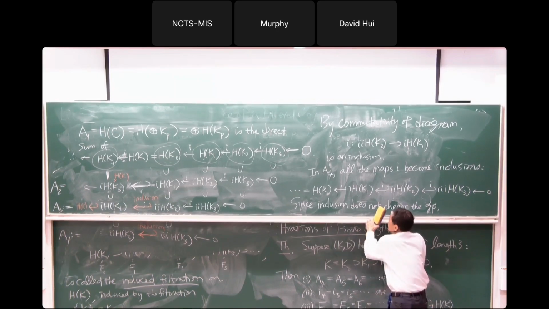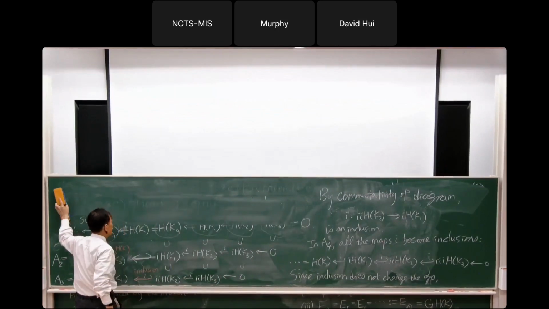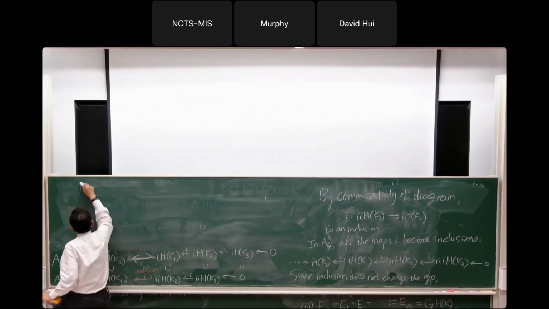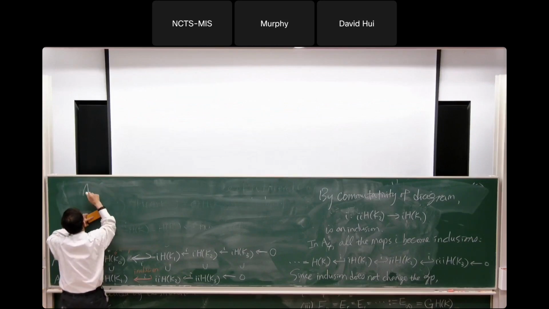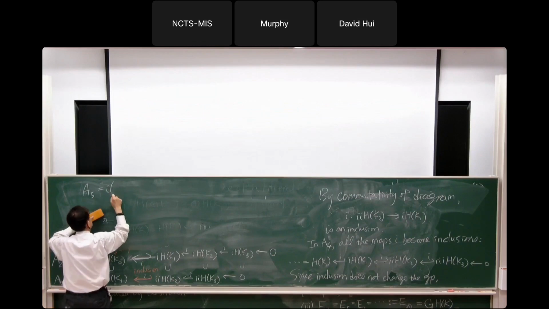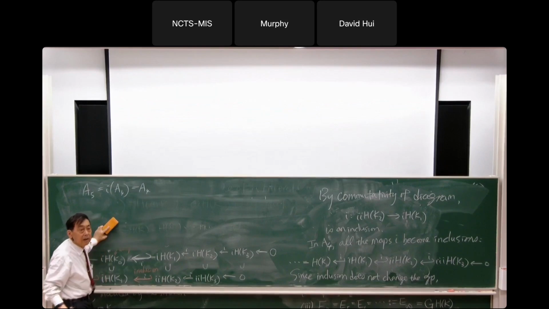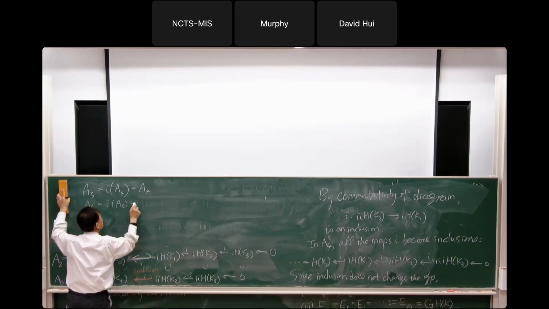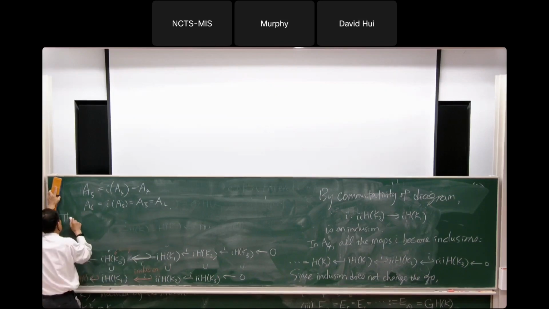Okay, so A5 will be equal to A4. A5 is I of A4, and that will be the same as A4. Okay, and then A6 will be the same as A5 and is the same as A4. Okay, so all the A's will stabilize.